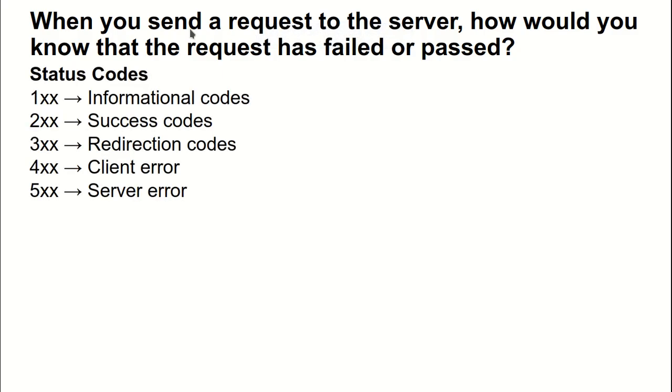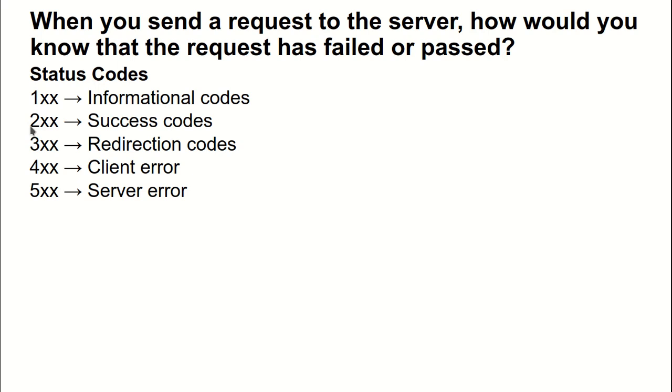Here are the status codes. With the help of status codes, you can understand whether the request has failed or passed. If the status code ranges from 100 to 199, then it is an informational code, so it will show you some kind of information.